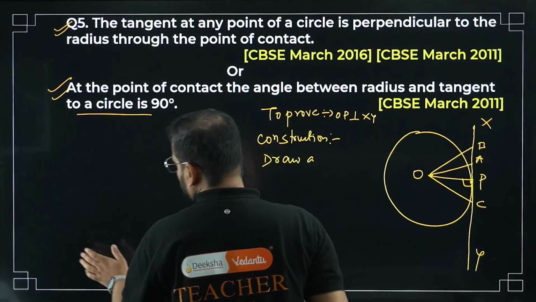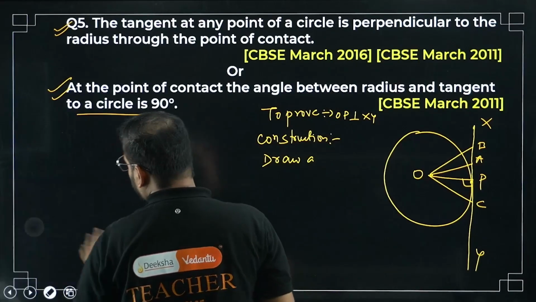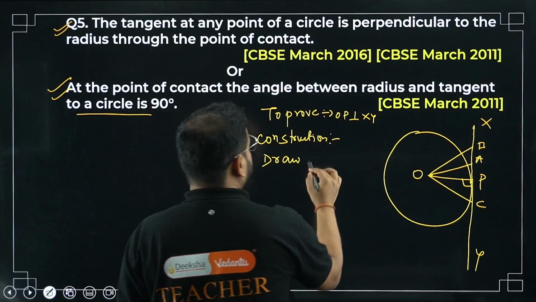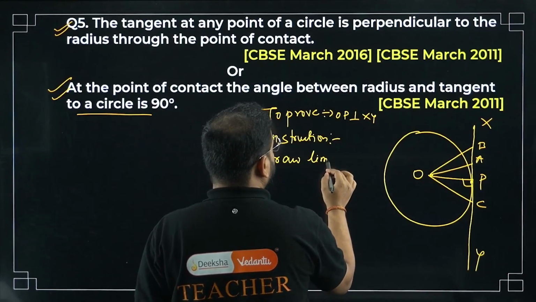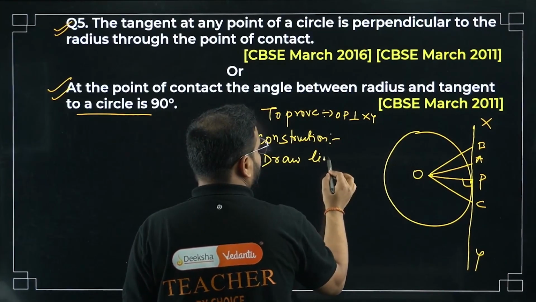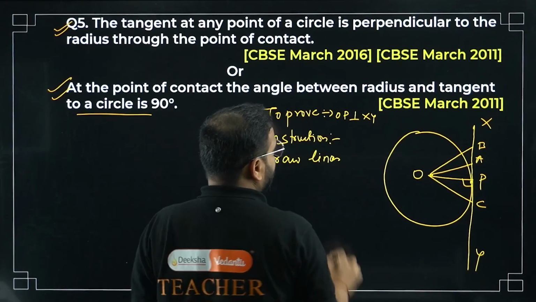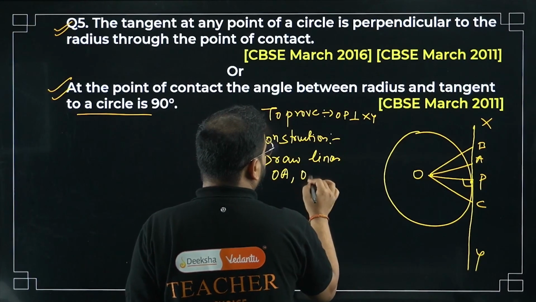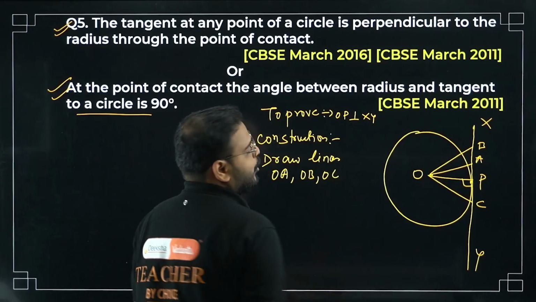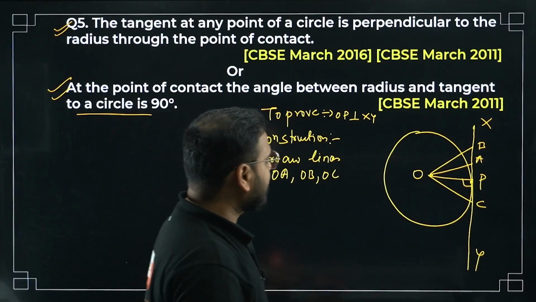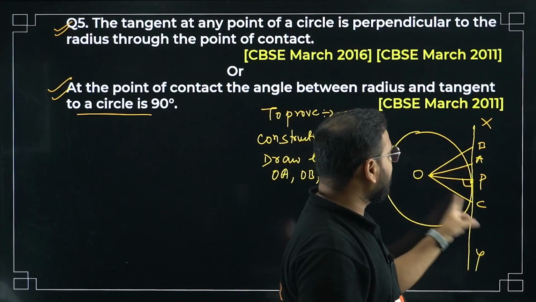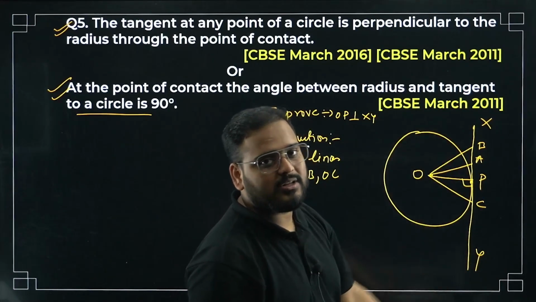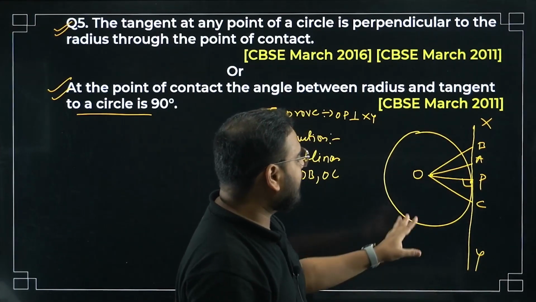So we have drawn OA, OB, and OC, and these points A, B, C are lying on the tangent.